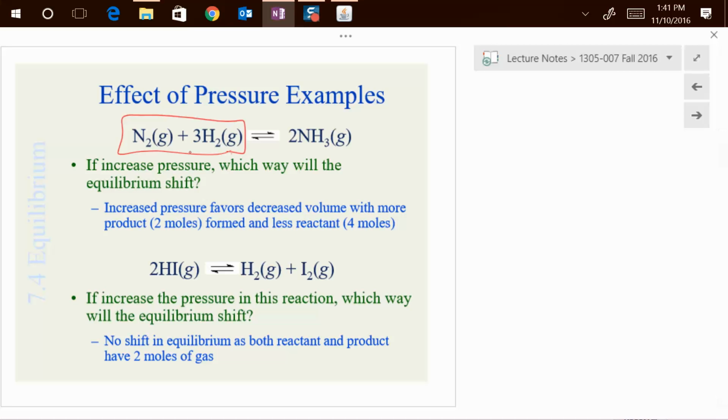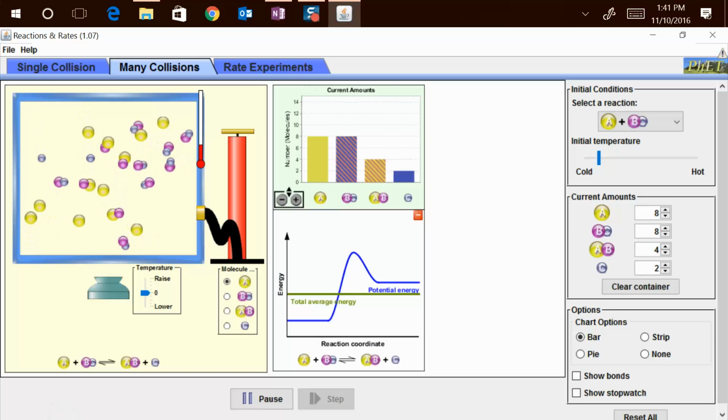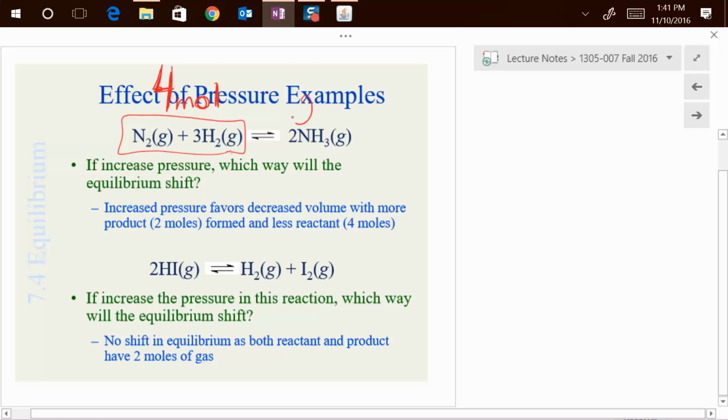I have 1 nitrogen and 3 hydrogens. How many moles is that overall? 4 moles of gas. How many moles of gas do I have over here? 2 moles of gas.